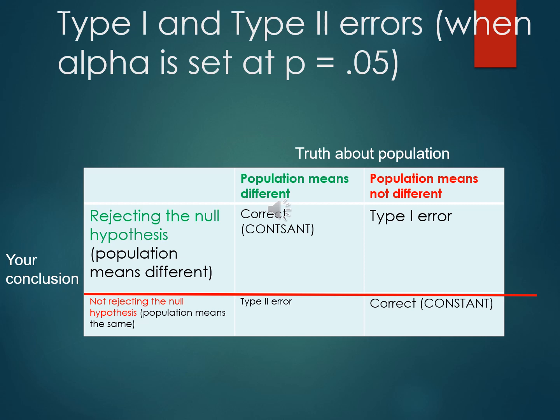When you reject the null, you don't have a false negative. You don't miss. The likelihood of missing is small. However, because you have a large rejection area, it's possible that you falsely reject the null hypothesis, so you have a large chance of type 1 error.